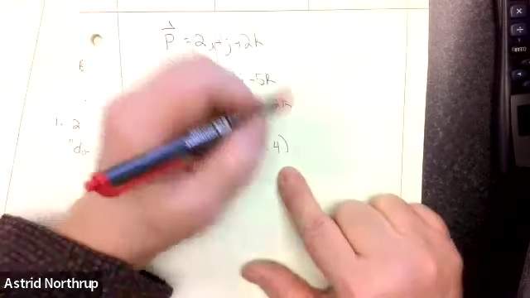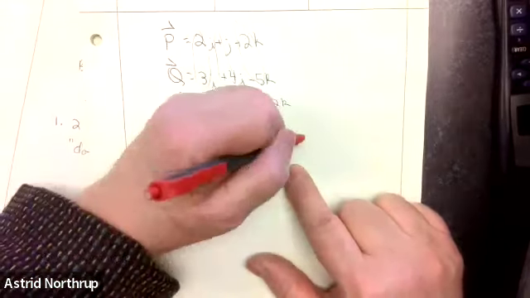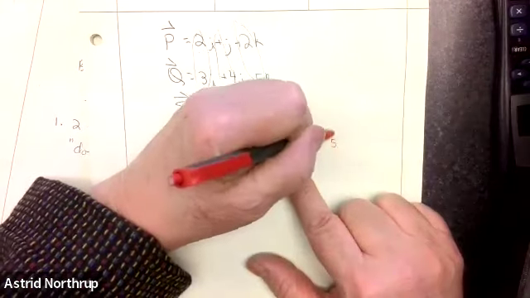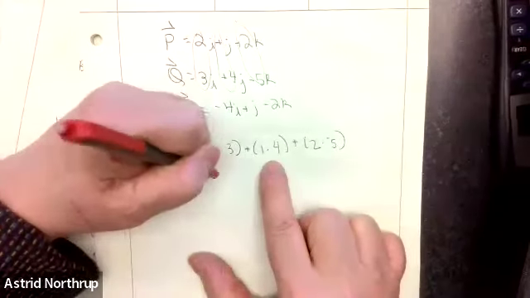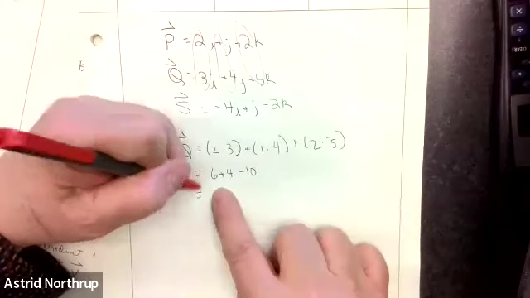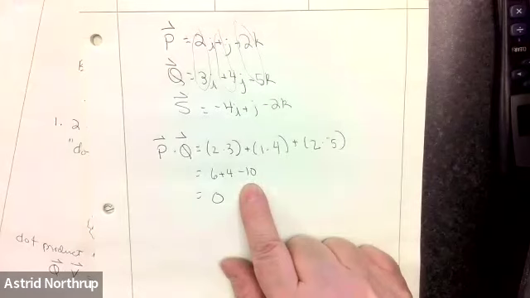And last but not least, we have plus the Z components, which are 2 and negative 5. So if I execute this dot product, I get 6 plus 4 minus 10. 6 plus 4 is 10. 10 minus 10 is 0.